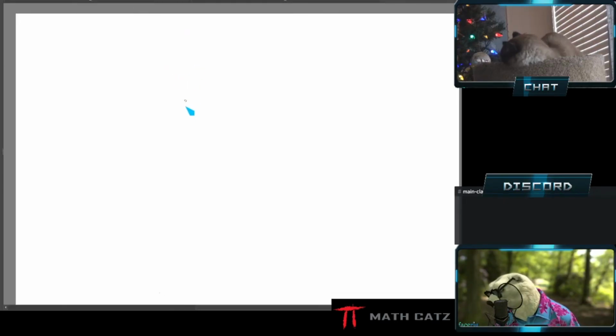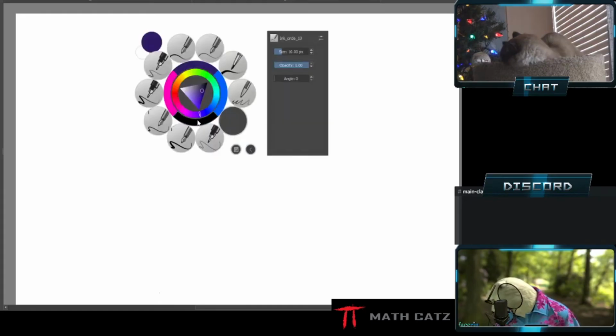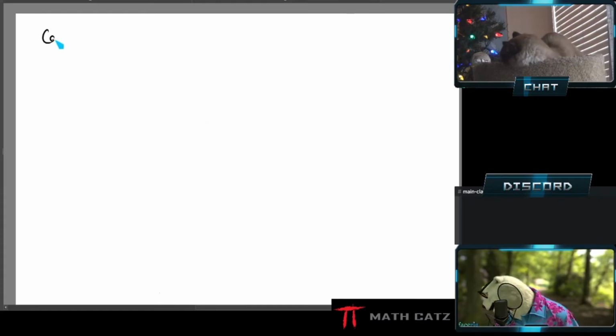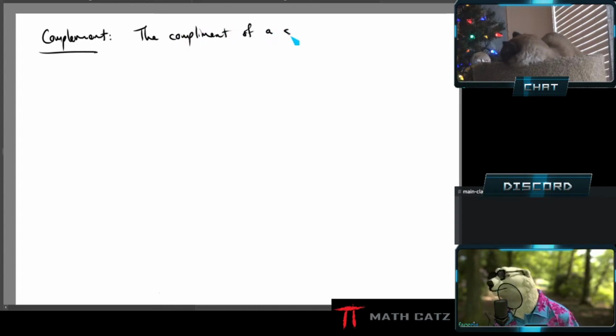Really not hard on its own. And that is the complement. Complement of a set. Let's write it out. The complement of a set, let's call it E, is named E with a little c. It's a different set, a new set, if you will.